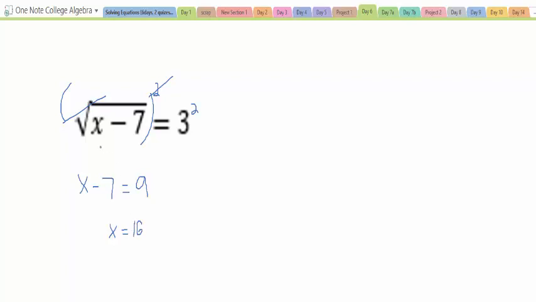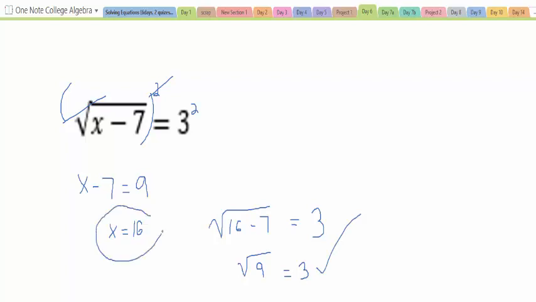So I plug 16 back in to the problem. And so the question is, does the square root of 16 minus 7 equal 3? So I solve it and say the square root of 16 minus 7 is the square root of 9, which is in fact 3. And so this checks out. And so my answer is that x equals 16.